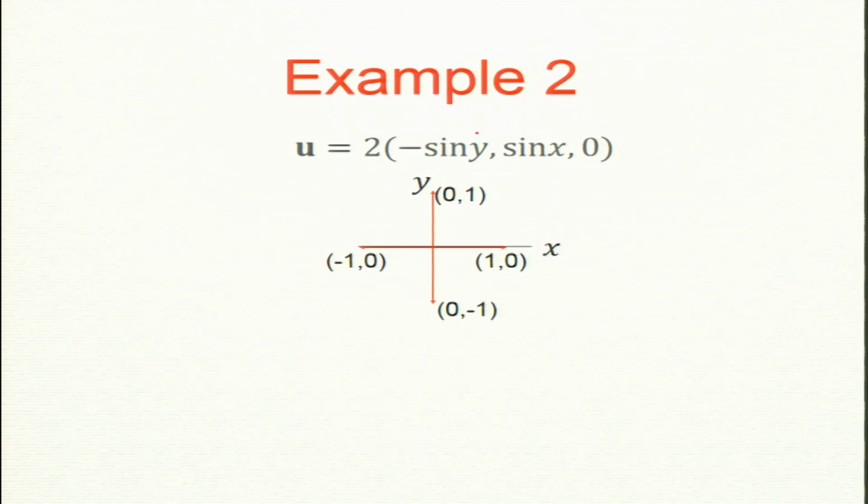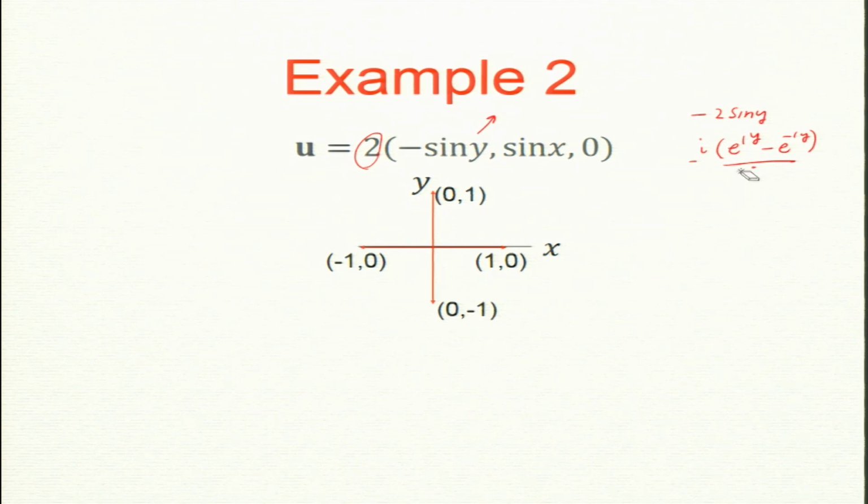Sin y, I put a factor 2 again in front. So, minus 2 sin y is e to the power i y minus e to the power minus i y, divided by minus i. So, I just multiply by i.